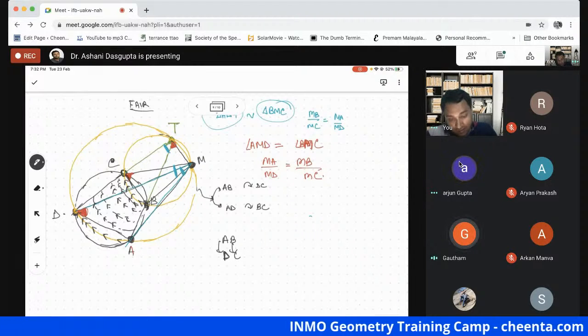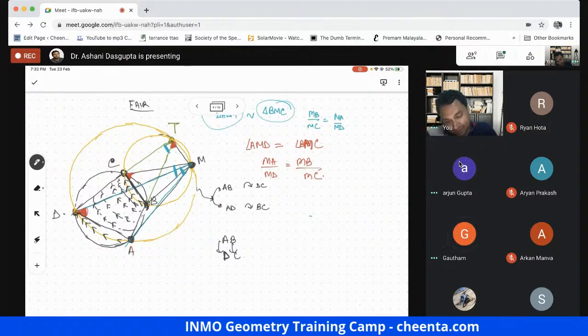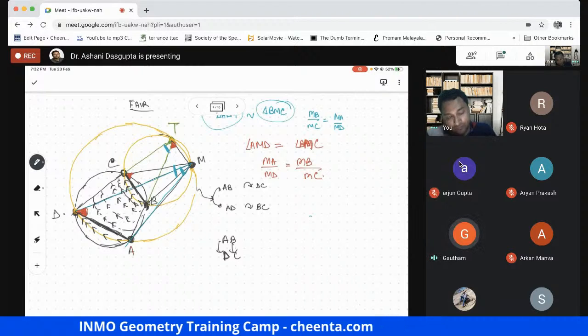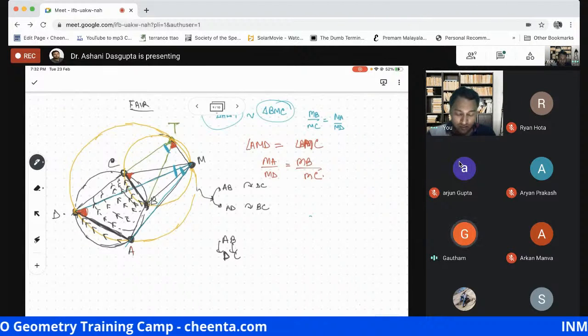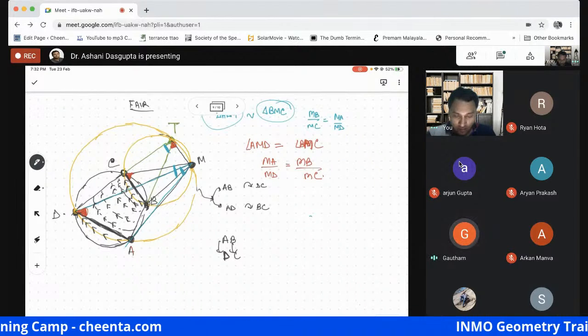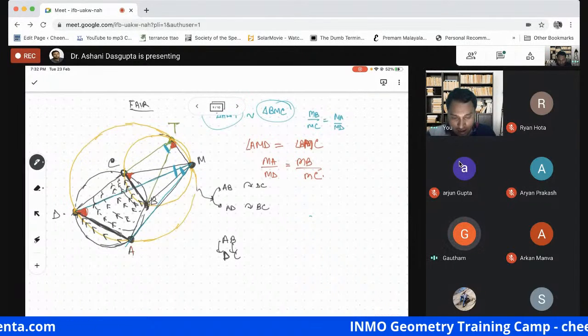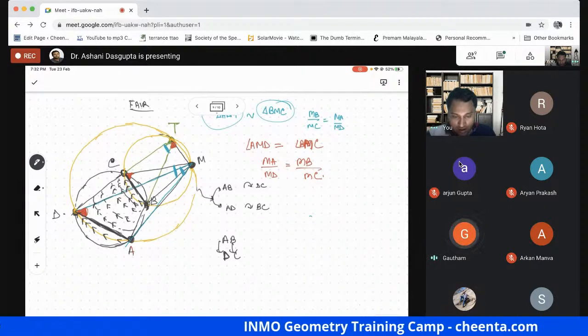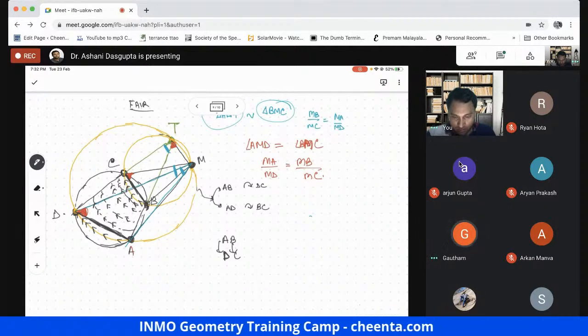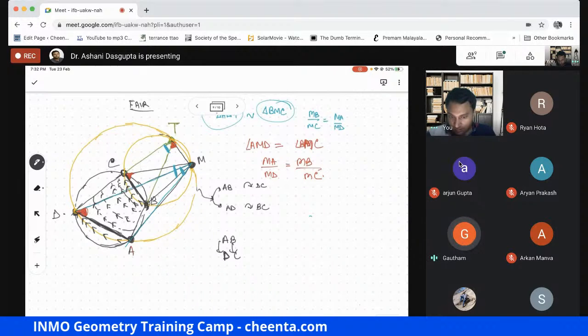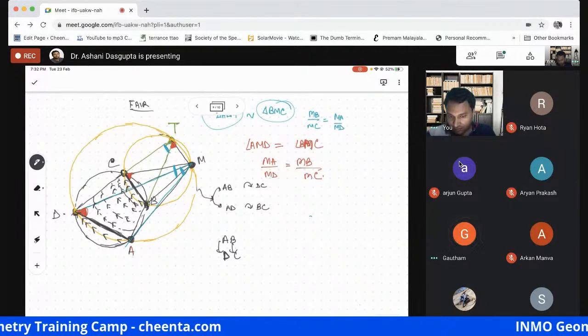Sir, just a quick question. I may have gotten this wrong, but it looks like we're rotating triangle MCB and then aligning it with AD and then applying the homothety from M. So it looks like we're mapping BC to AD.